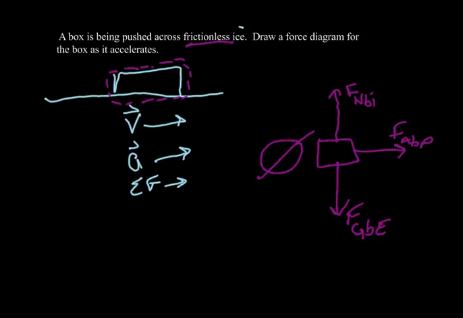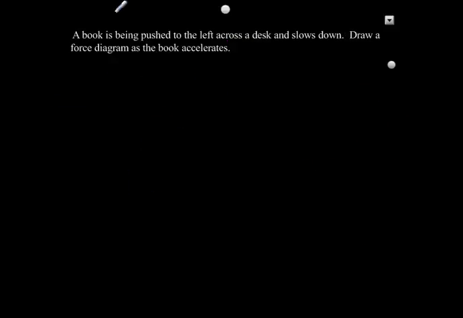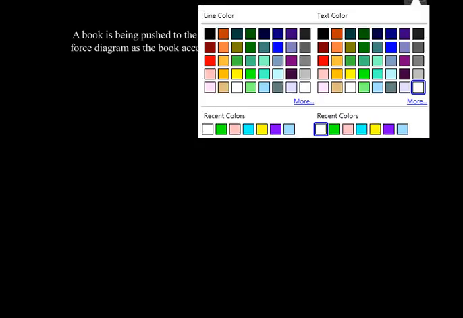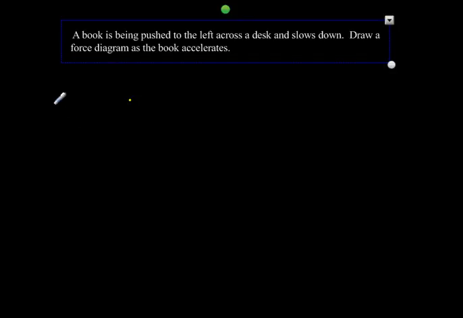We've looked at two situations of speeding up. Let's look at what happens when we slow down. So remember that slowing down indicates that the velocity, so the book now is being pushed to the left.